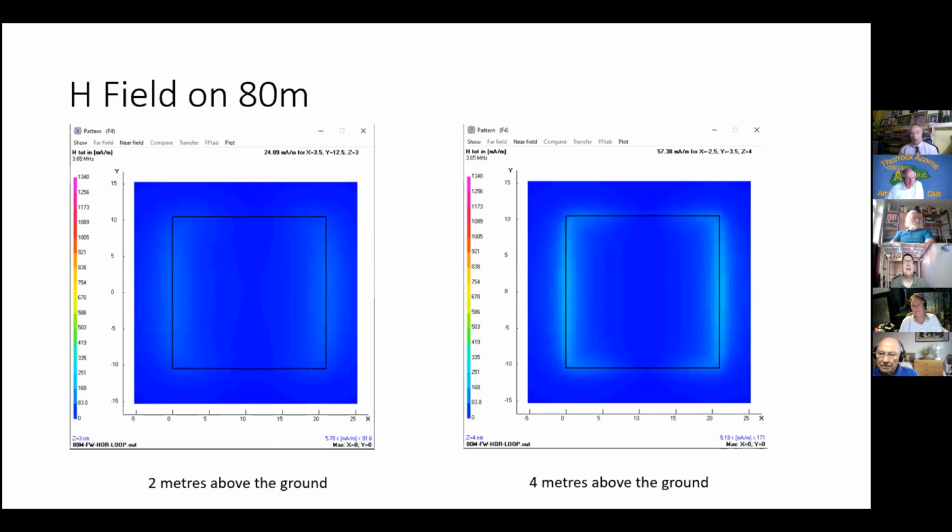And of course, all of those are close enough, within a sixth of a wavelength on 80 meters, to be parasitic elements in their own right. So quite apart from EMC and EMF, they act as antenna elements and change the radiation pattern in ways that you have to think about. Yeah, thank you. I'm going to download it and try it.